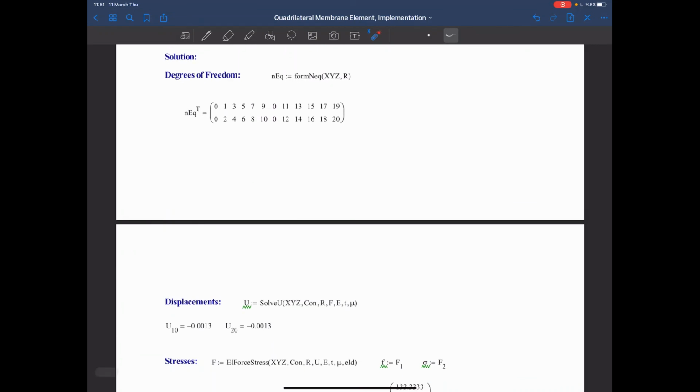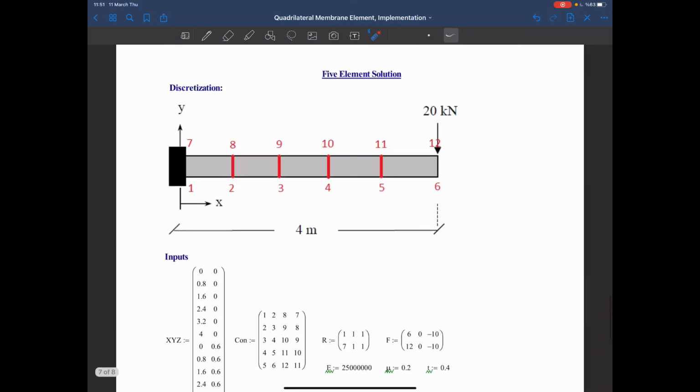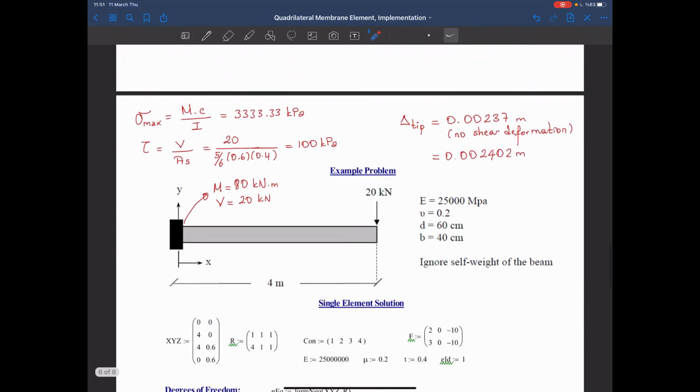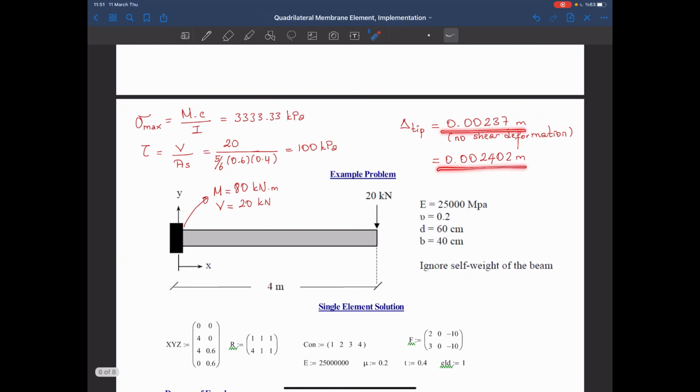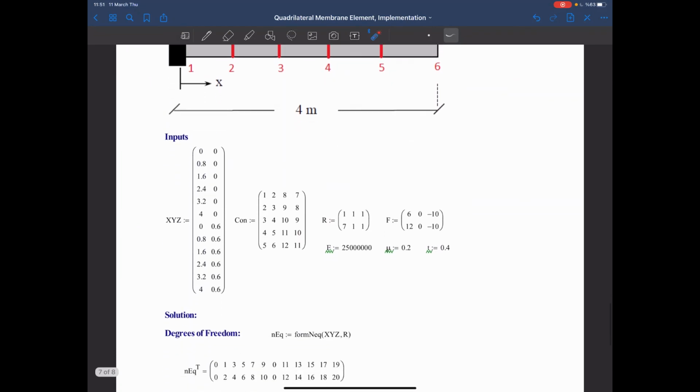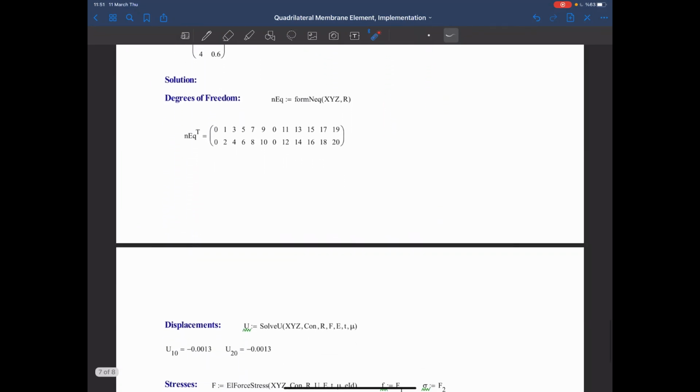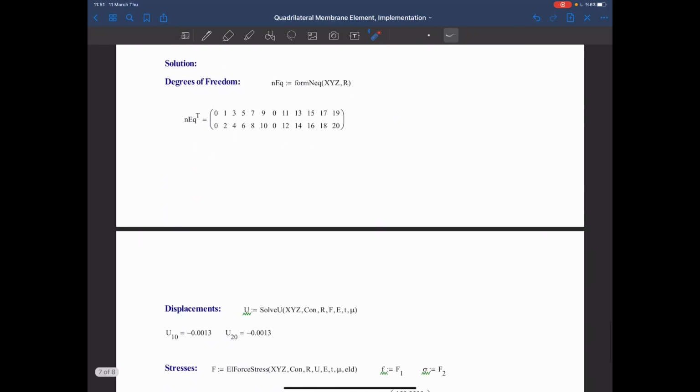Now I solved it, and I'm looking at the vertical translation. They are equal to 0.0013. So it's better, but let's take a look at the actual result. It's this one. This is what we should expect to see. So there is almost 2 times difference. It's again not a good solution, but it's a better solution than a single element.